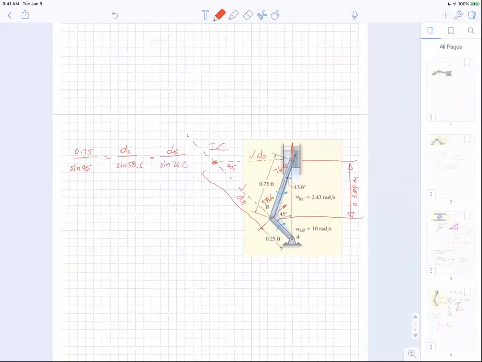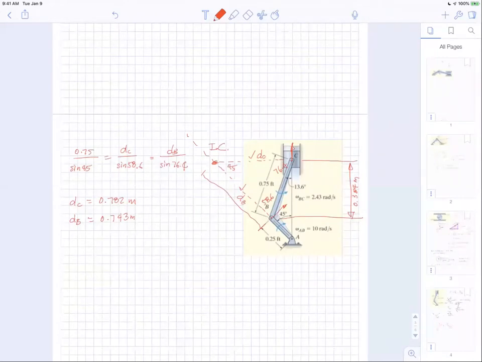Oh, I'll just go ahead and do it. dC equals 0.782 meters, and dB equals 0.743 meters.